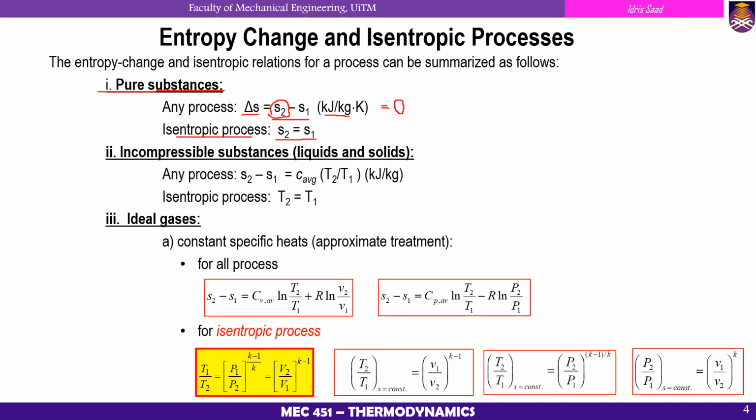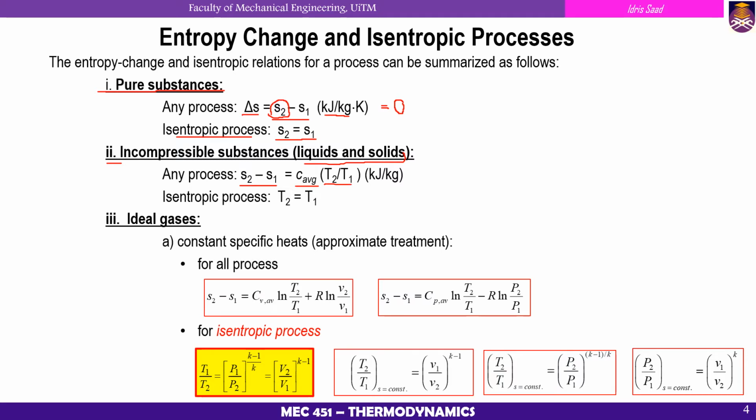Okay, number 2. If the system deals with an incompressible substance such as liquid and solid phase, S2 minus S1 is equal to the average specific heat multiplied by the ratio of the temperatures.